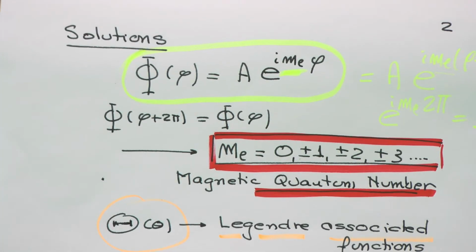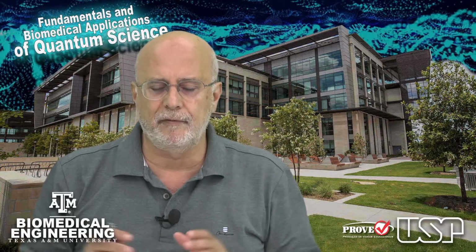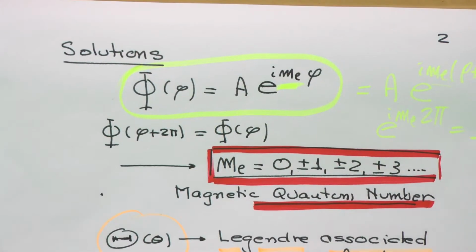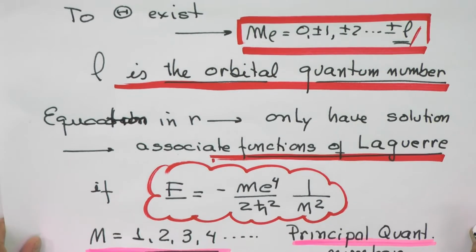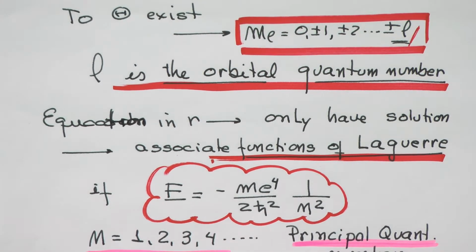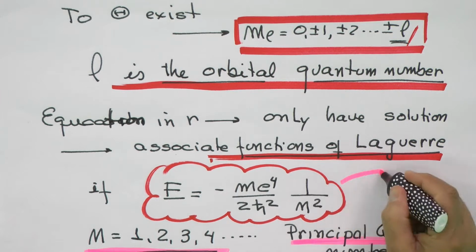Basically, the solution of the wave equation provides us naturally the conditions in which the solution exists. And the solution exists when we have a kind of relation between those numbers, and they can have specific values only. This energy is called the spectrum energy of the atom.